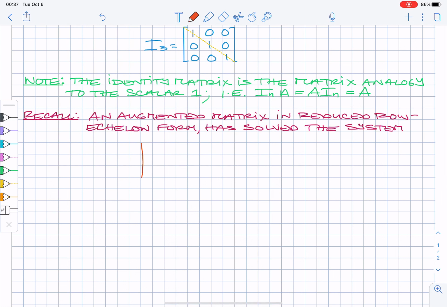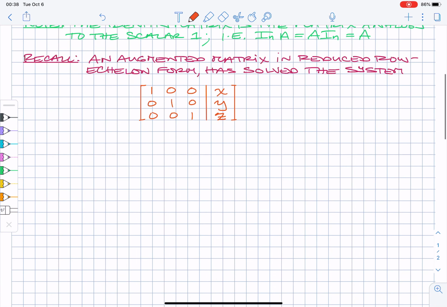So say we've got reduced row echelon is 1, 0, 0, 0, 1, 0, 0, 0, 1, augment. 1 times x is whatever the x value is. 1 times y is whatever the y value is. 1 times z is whatever the z value is. So notice that on the left here, this is the identity sub 3, right? Whereas this right here is the solution to the system.